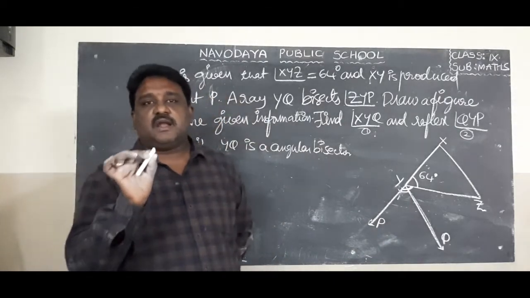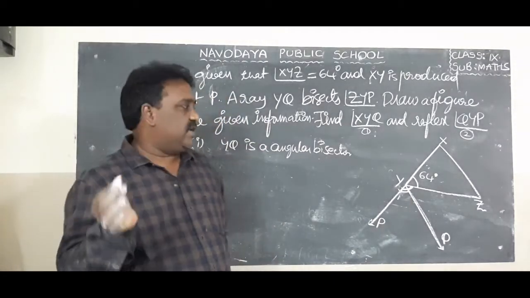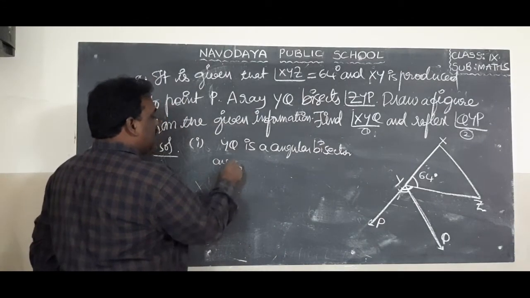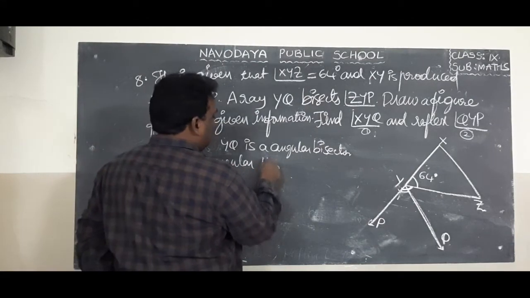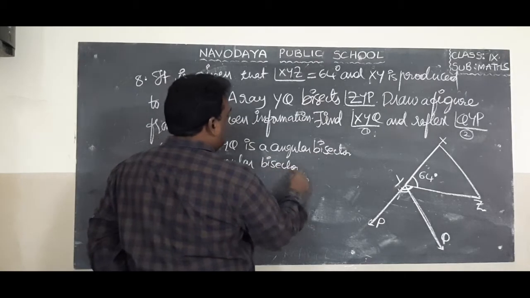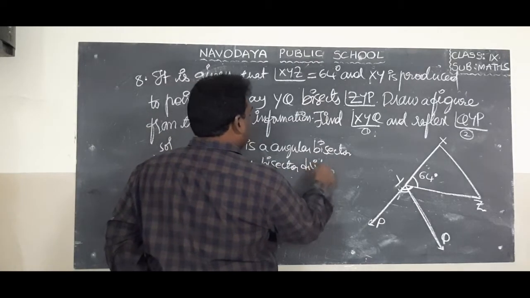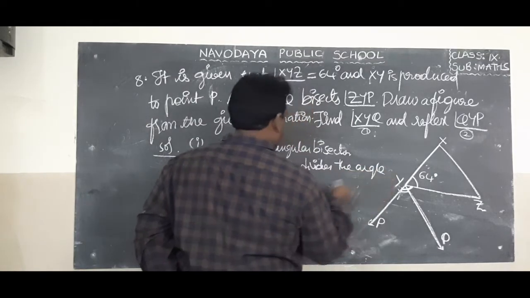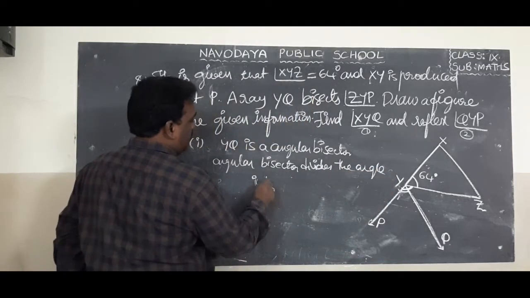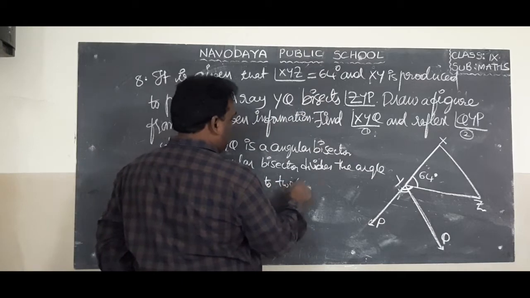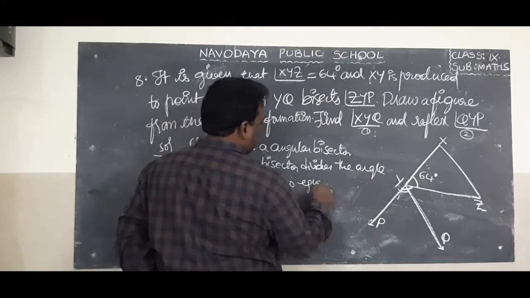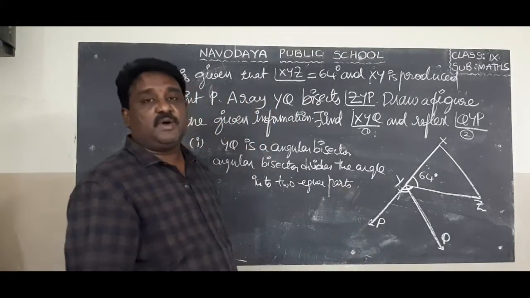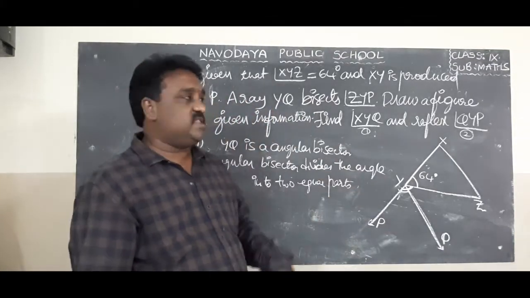So what are the equal parts? Angular bisector divides the angle into two equal parts. That is the property of an angular bisector.